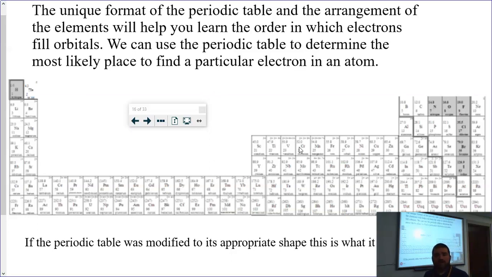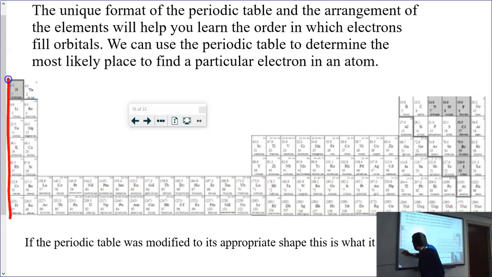So this is the modified version of the periodic table. Normally when you see the periodic table, this part is taken out below. But if we were really to set up the periodic table appropriately, it would look like this. Each of these sections, you can kind of see them, I'll use different colors all the way across.